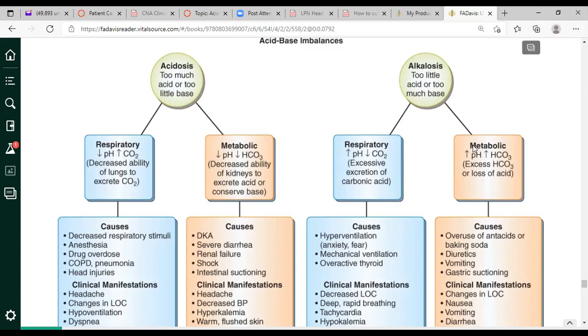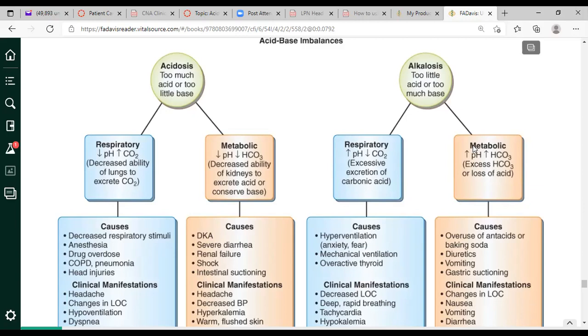To think about our respiratory system, we are breathing. When we breathe in, we take in oxygen. When we blow out, we blow out CO2. A patient who's not able to expire, what respiratory imbalance are they at risk for?